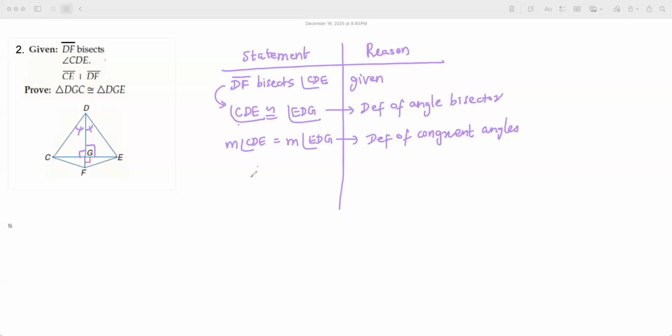Yeah, that is also given, right? That's given. So what? So EGD would be congruent to EGD. Angle... oh, we already arrived.